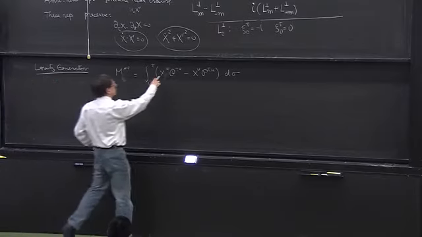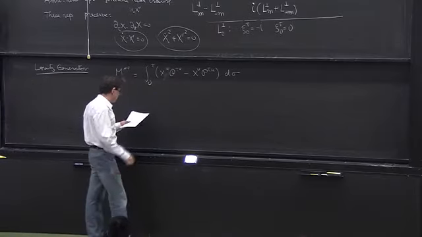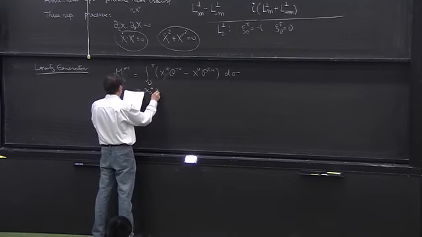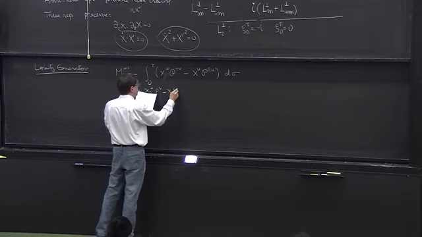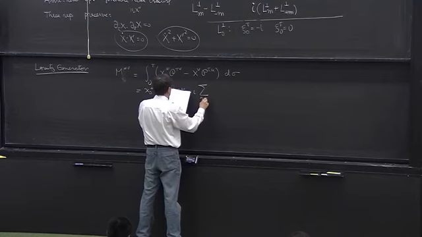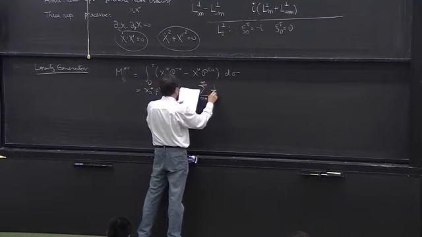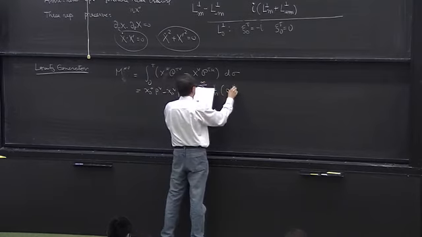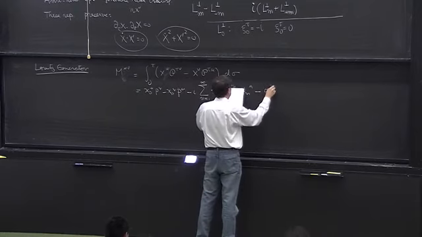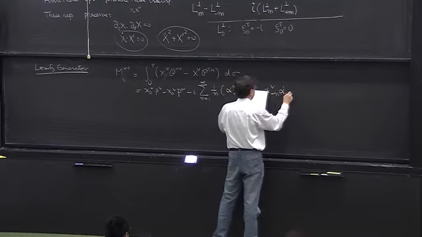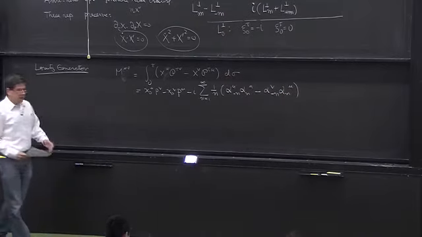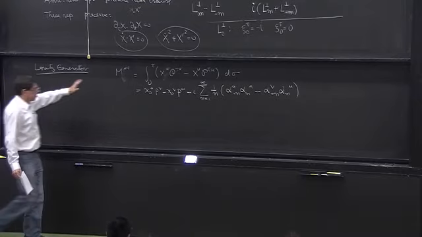Well, we have the oscillator expansions for the coordinates, and we can write a formula. It will take this form: x0^μ p^ν − x0^ν p^μ − i Σ from n equals 1 to infinity of 1/n (α^μ_{−n} α^ν_n − α^ν_{−n} α^μ_n).